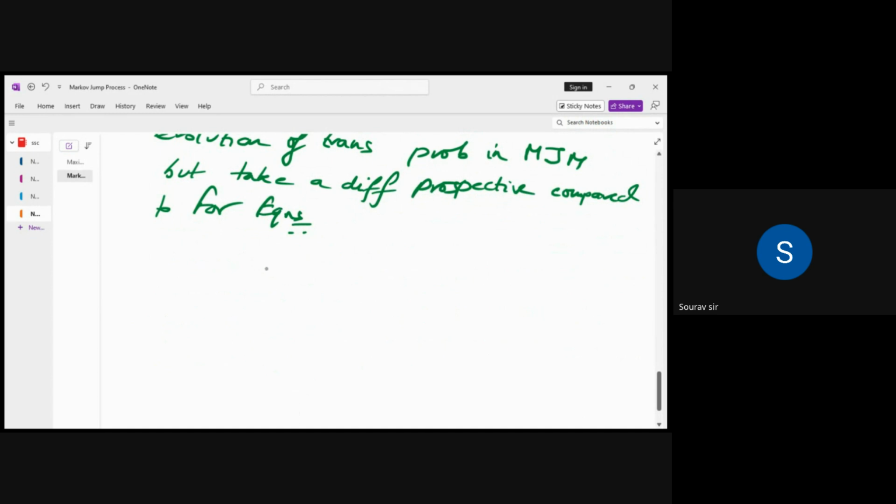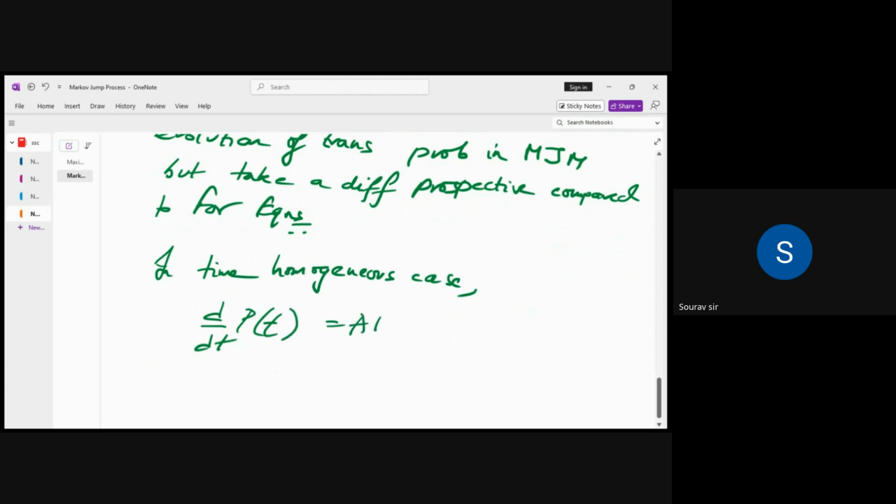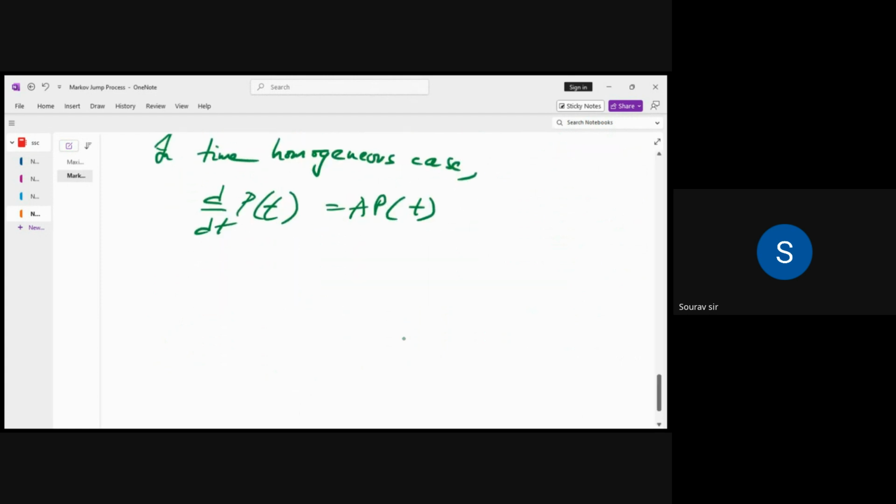So here, in the time homogeneous case, the backward equation will be written as d/dt of P(t) equals A P(t). Now what is my P(t)? P(t) is the transition probability matrix.